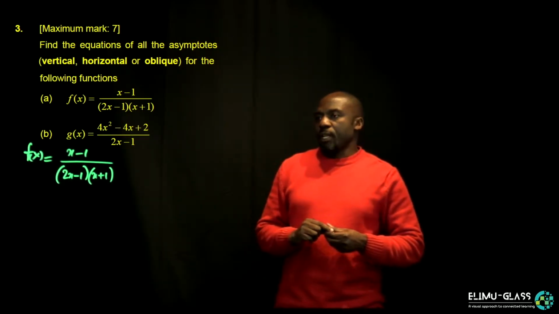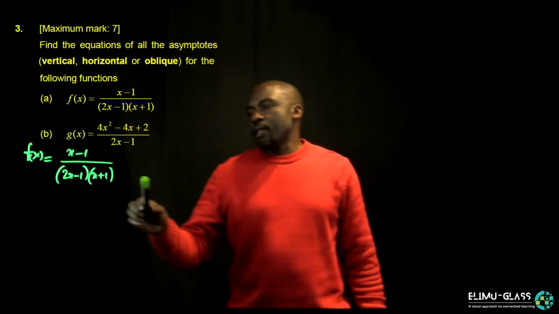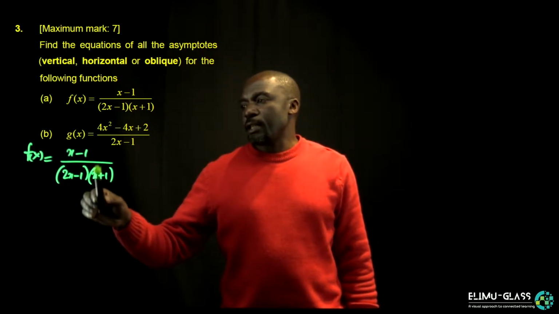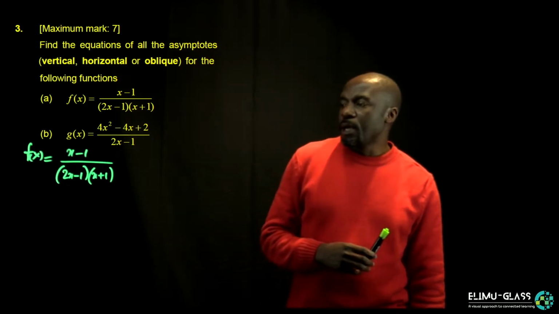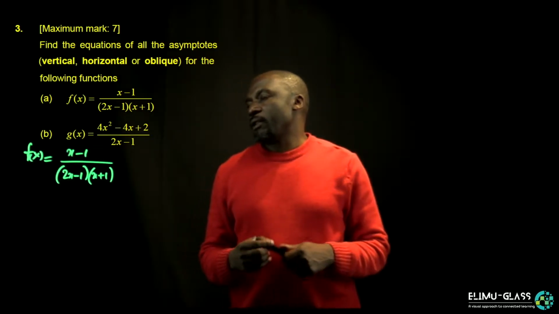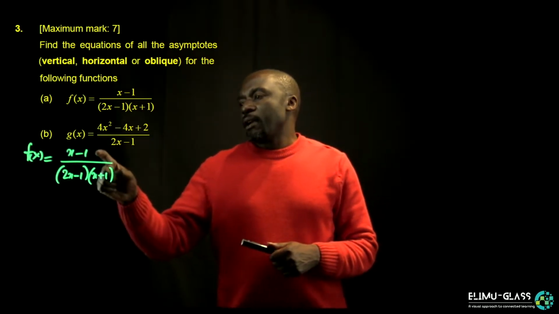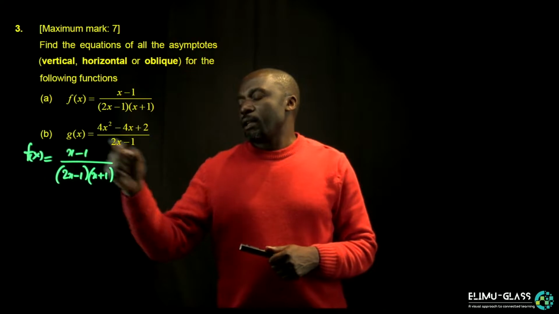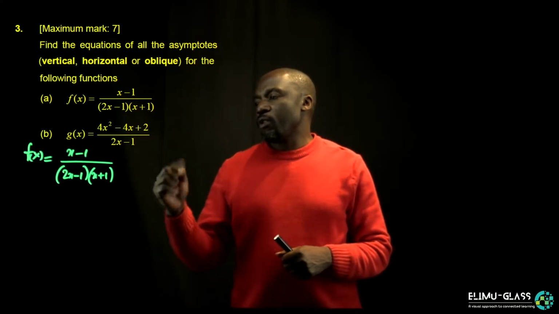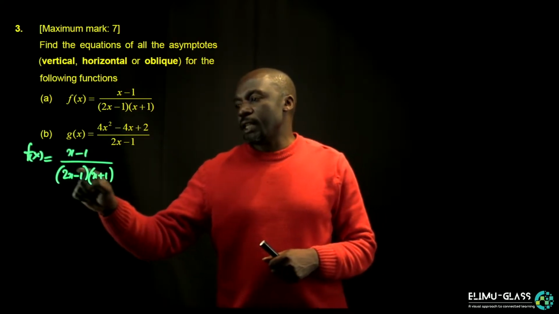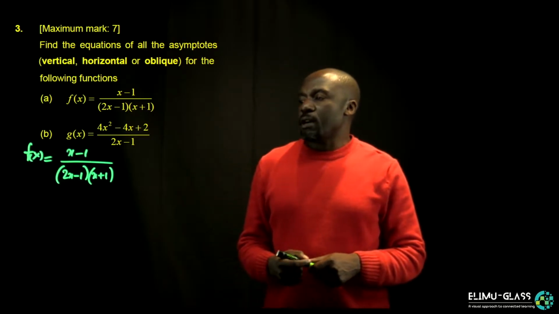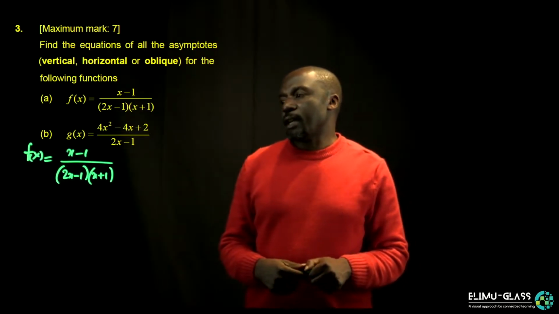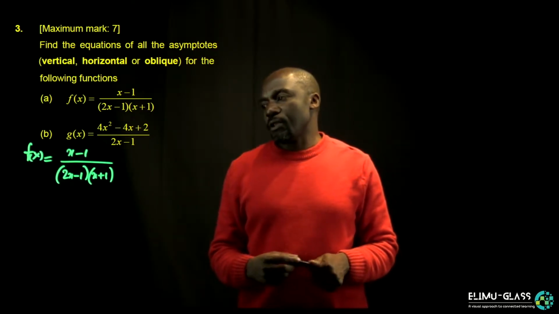When we look at this, we can see the denominator is quadratic, the numerator is linear. So immediately, if the order of the numerator is smaller than the order of the denominator, then we know that the horizontal asymptote is the x-axis. That is the line y equals 0.